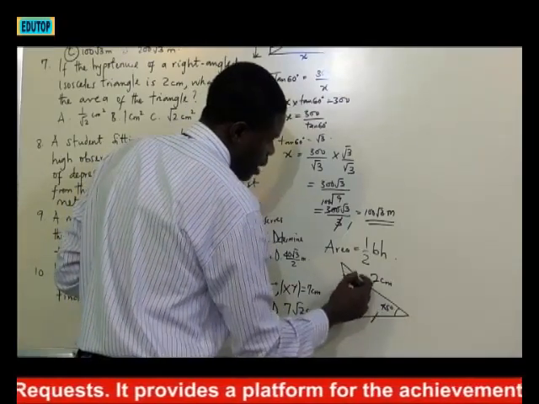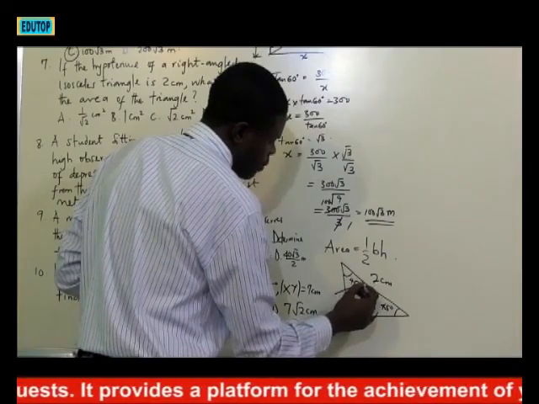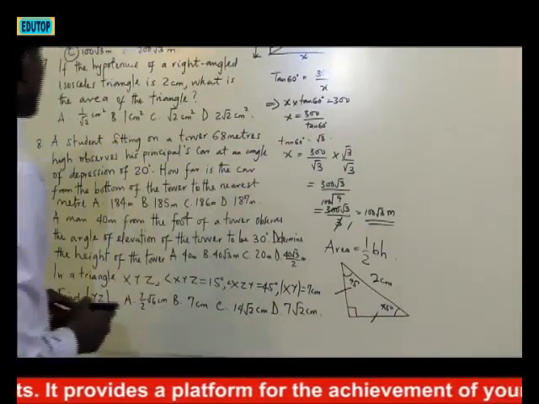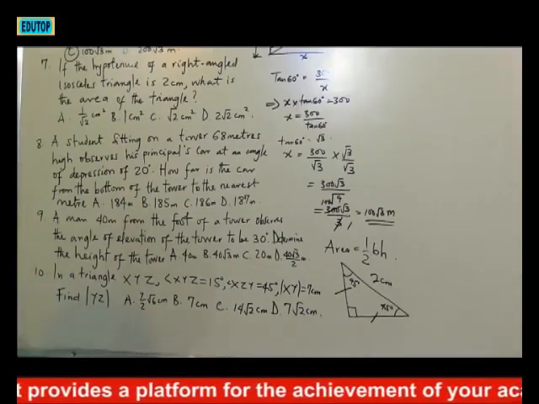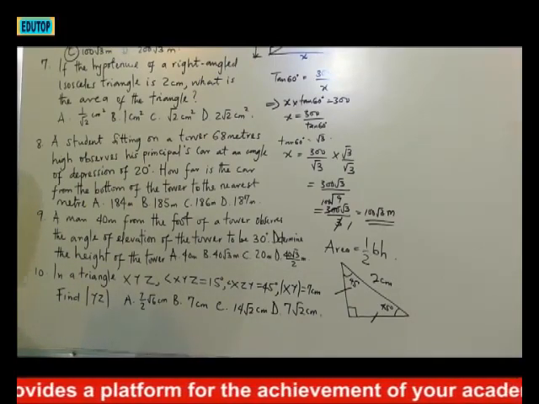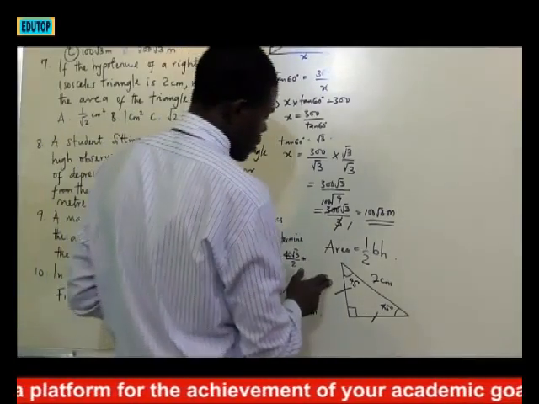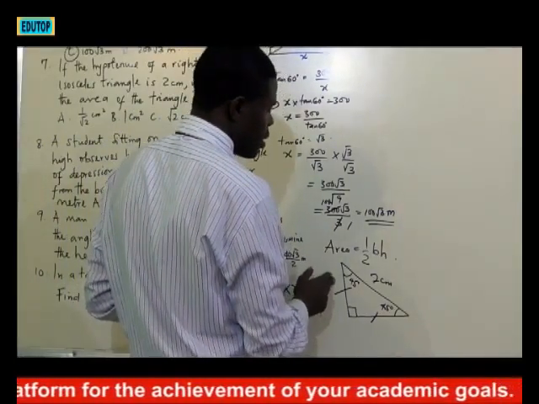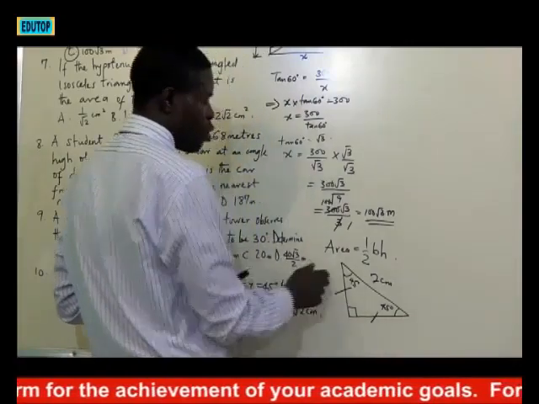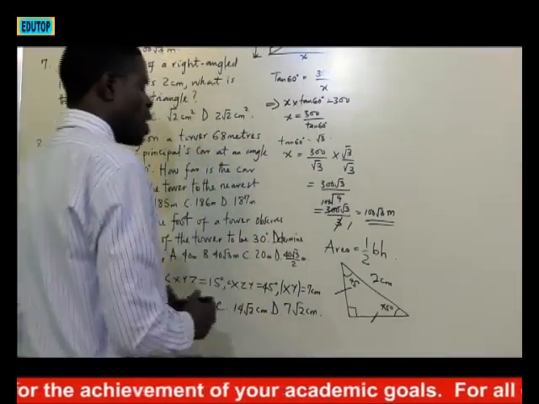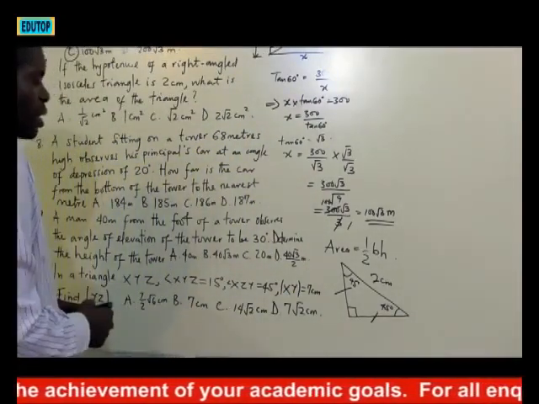This place is 45, and this place will also be 45 degrees. And since the question asks us to find the area of the triangle, that means we will definitely need to know the height. If we know the height, definitely we know the base. So how are we going to calculate the height?